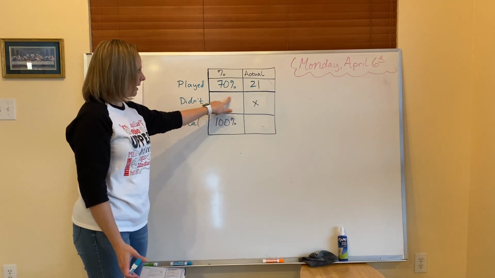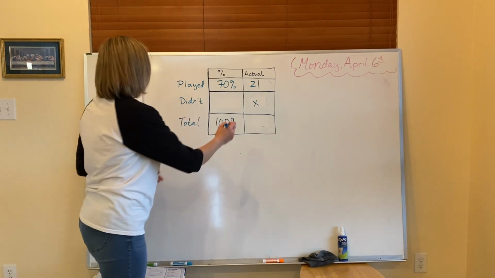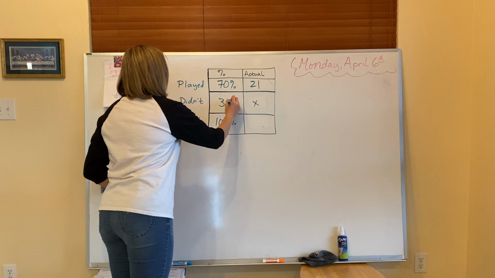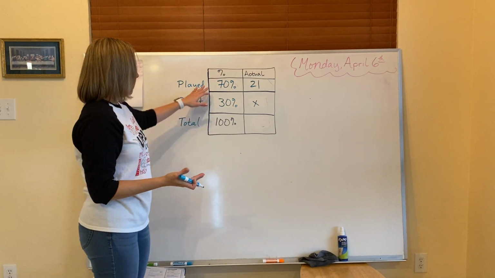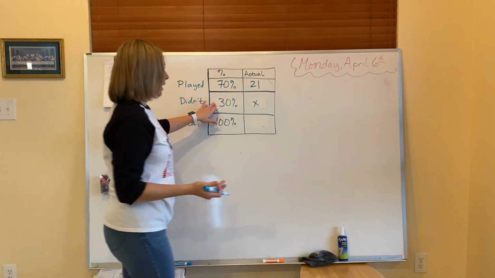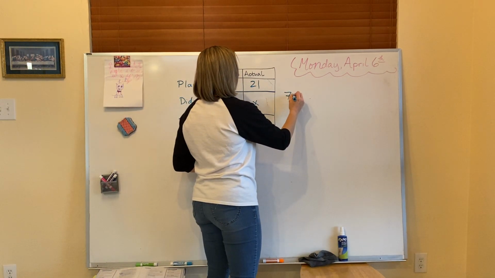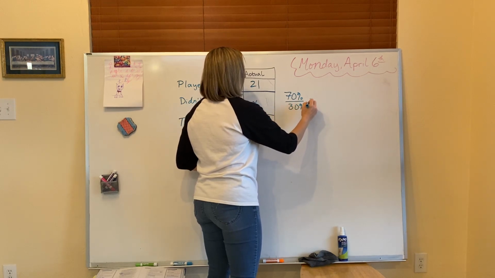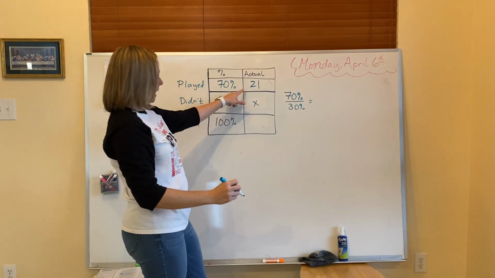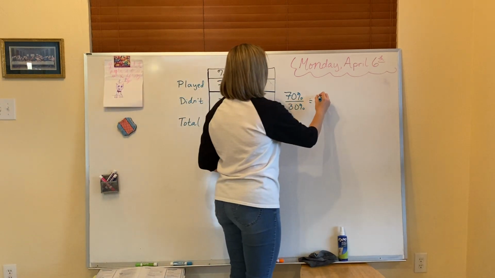What is that something? 30%. Now we're ready to solve our ratio. So 70 is to 30 as 21 is to X.